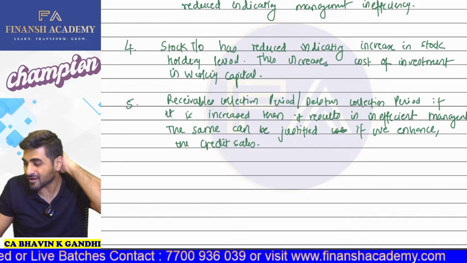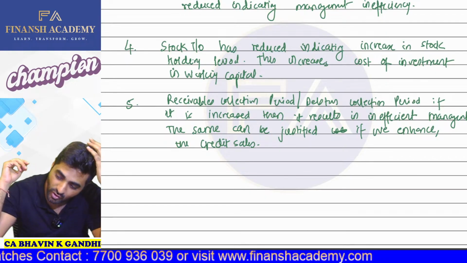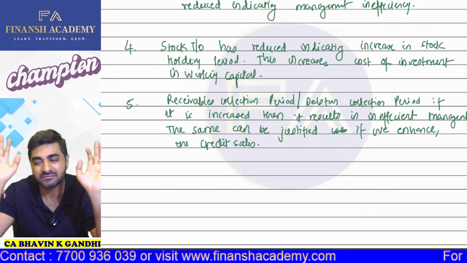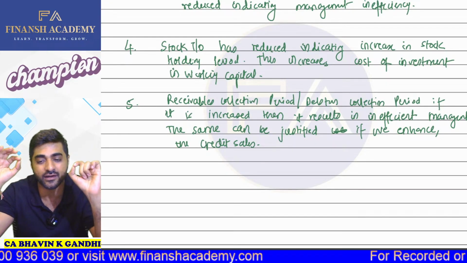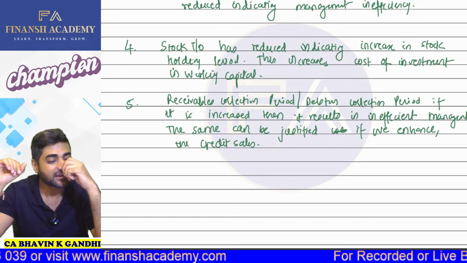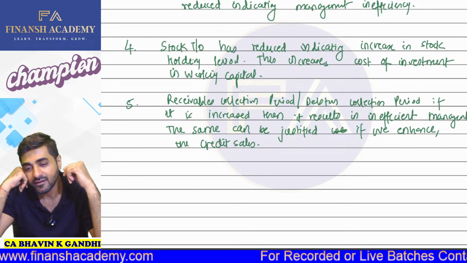So we cannot blame the company here. We cannot tell the company, listen, company, your receivables management is very bad. Then the company will tell me, okay, sir, my receivables management is bad, I agree to it. But at the same time, my credit sales is also increasing, na sir. Then why are you telling me?